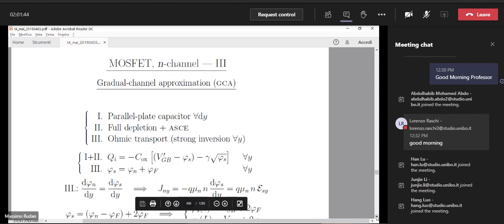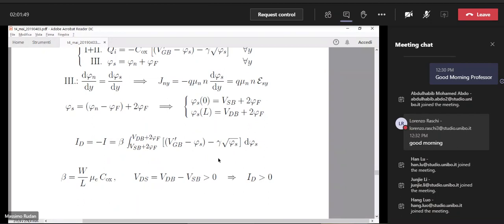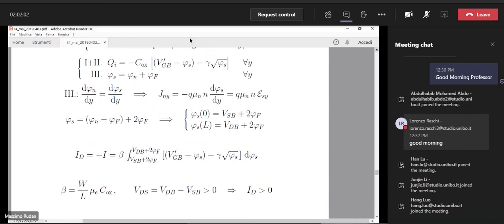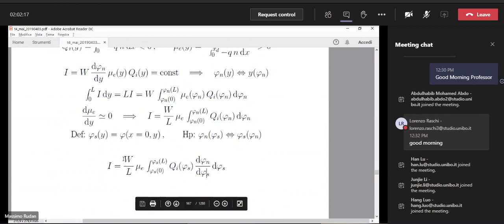Conclusion. We must calculate this integral here, in which, you remember, we have Cox, that is a constant factor. So we take Cox out of the integral, and Cox multiplies the other factors that are W over L times mu.